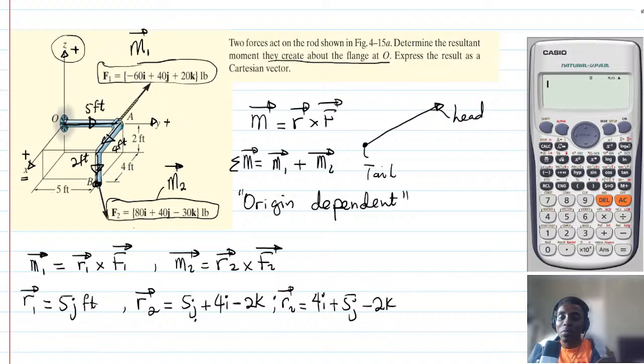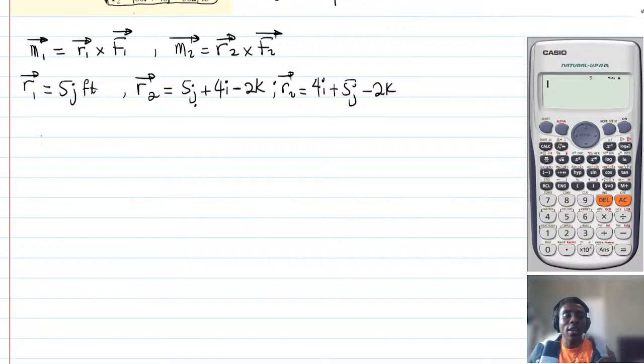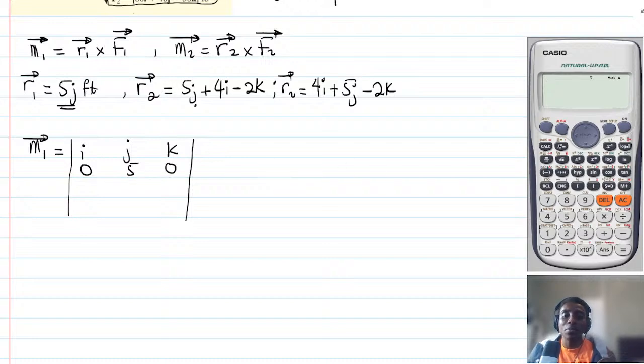Now we are coming to do the cross product together. To find the moment vector M1, it is simply i, j, k, and then you put the R there: 0 along the i, 5 along the j, 0 along the k.